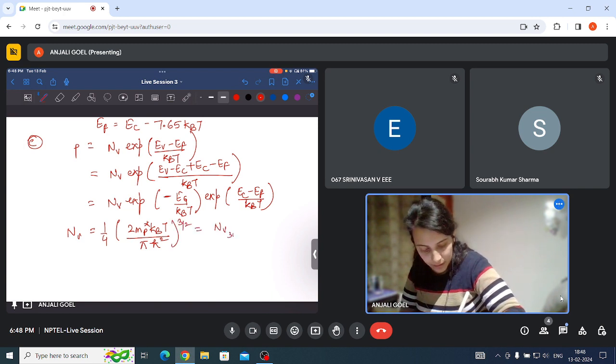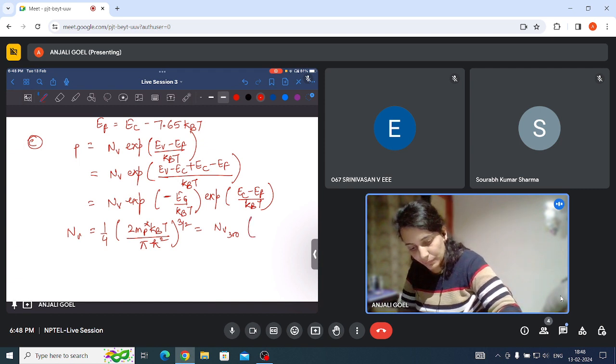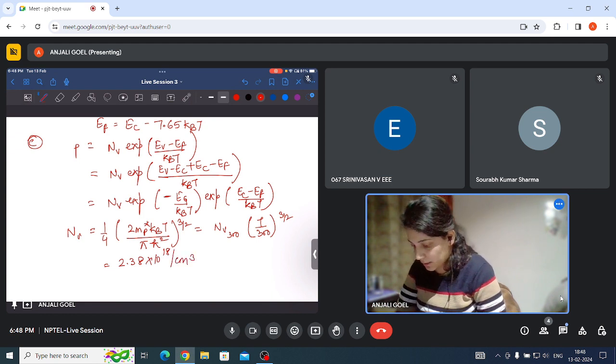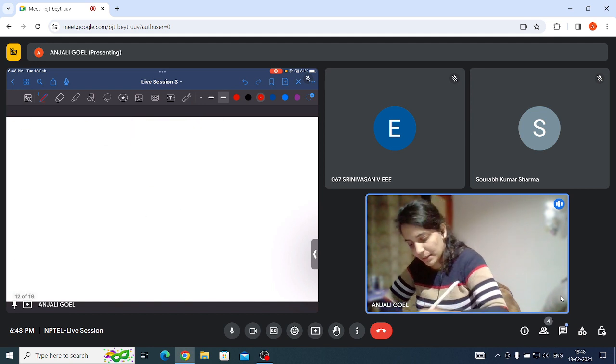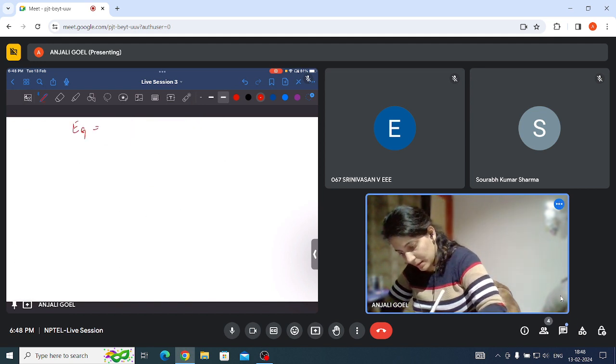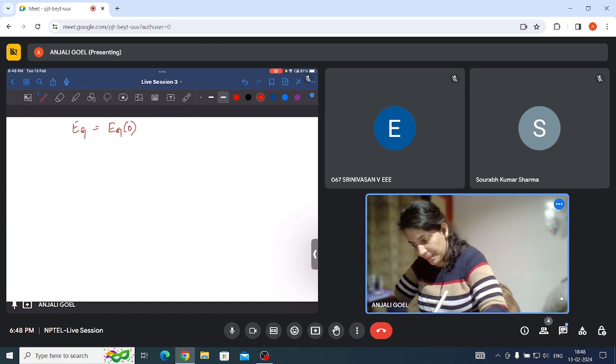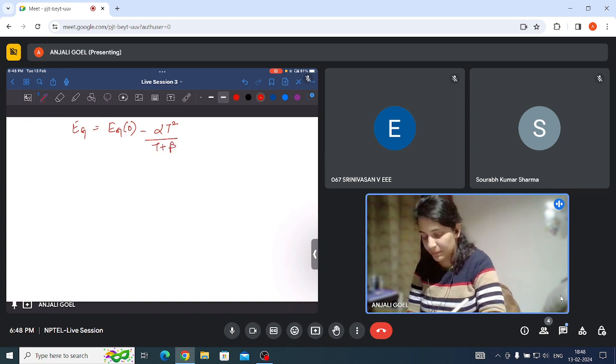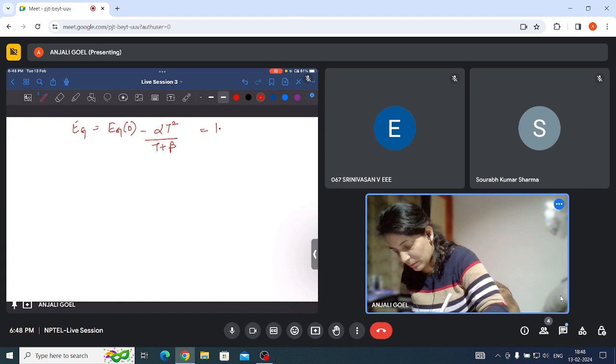So NV at 300 K, times T by 300 to the power 3 by 2, comes out to 2.38 into 10 raised to power 18 per centimeter cube, and the band gap EG is EG0 minus alpha T square over T plus beta, where these are the fitting parameters, which makes it 1.166 electron volts.